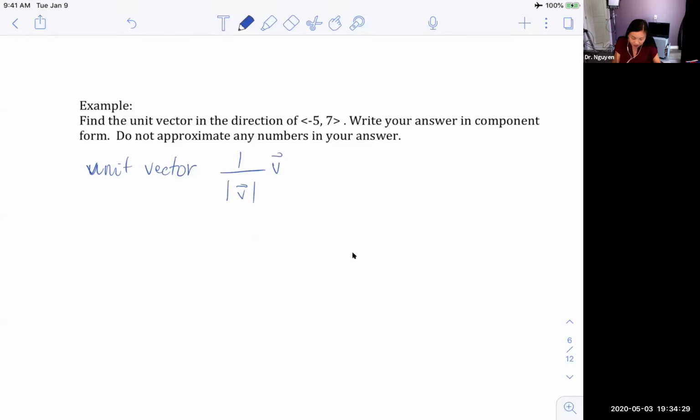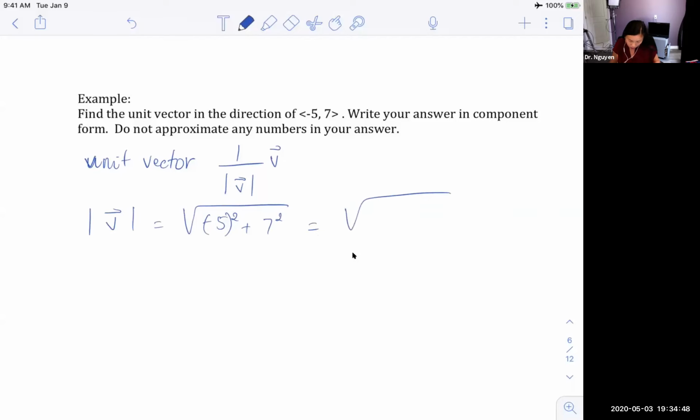So first, let's find the magnitude of v. We know that it's going to be the square root of -5 squared plus 7 squared. So what do I have? I have 25 plus 49 is 72.